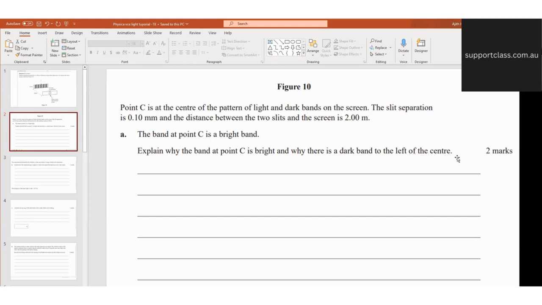Explain why the band at point C is bright and why there is a dark band to the left of the center. So now, would you be able to answer that question with your current knowledge?